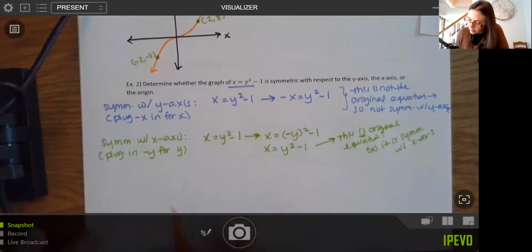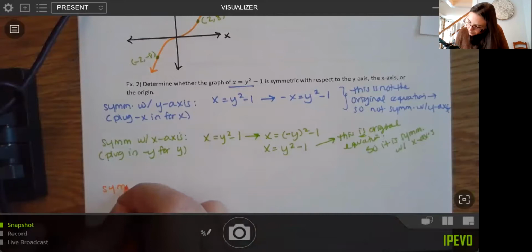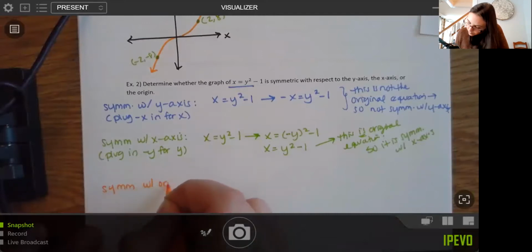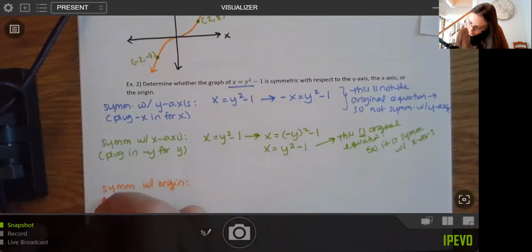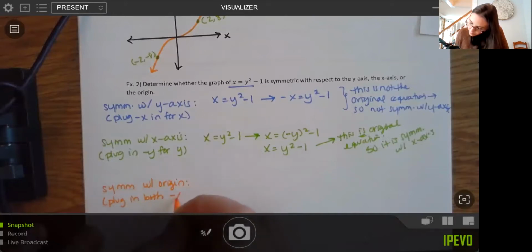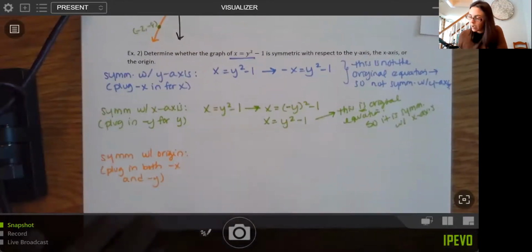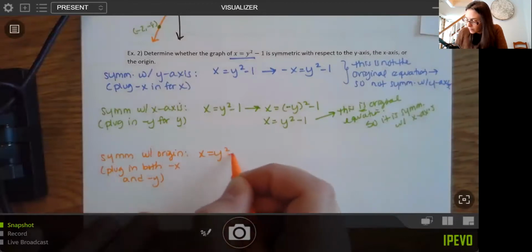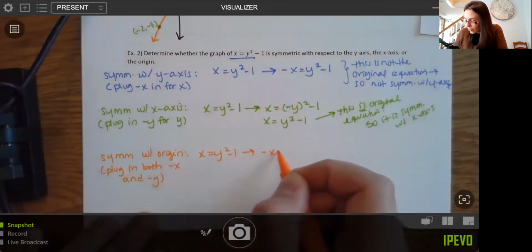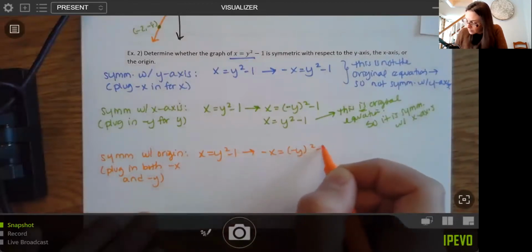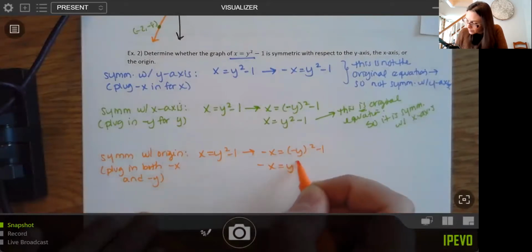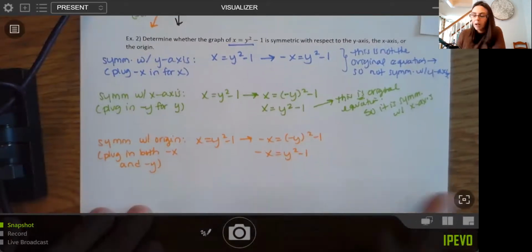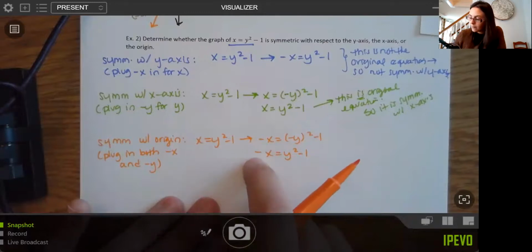And then I can check the last one. So we're going to replace both x and y this time. So I start with the original equation, replace both with their negatives, simplify as much as I can, but the problem is I'm still going to have a negative left over here.